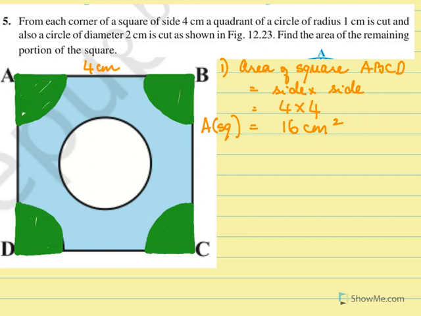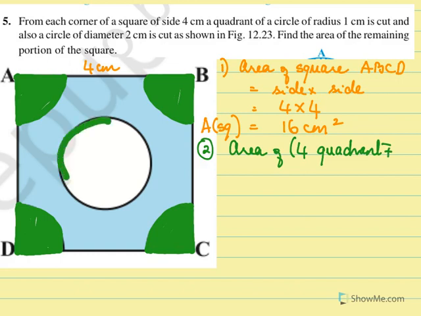These 4 quadrants have been cut out, so they have to be subtracted. So in the second step, we have to find the area of 4 quadrants, plus we need to subtract also the area of this circle.